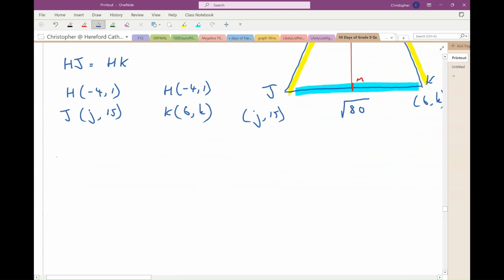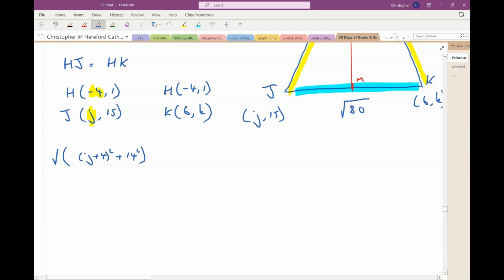So when we're working out the distance between 2 points, square root of, right, let's do bottom minus top. So j minus -4 is j plus 4, so (j plus 4) squared plus (15 minus 1), which is 14 squared.